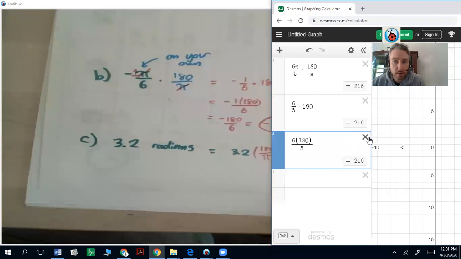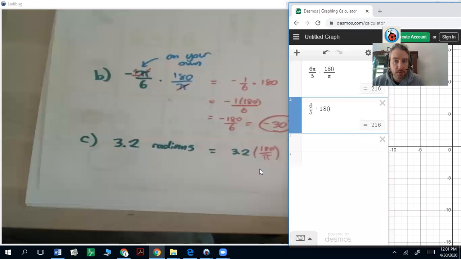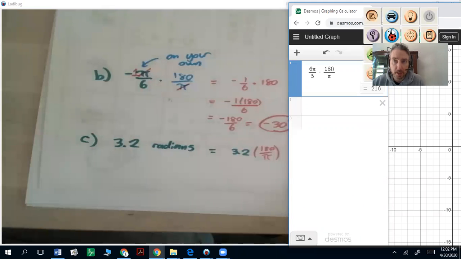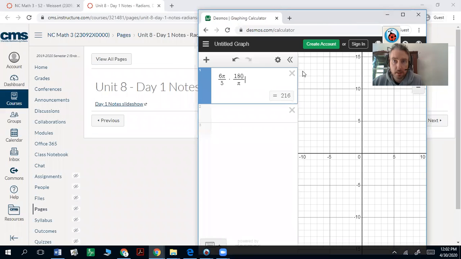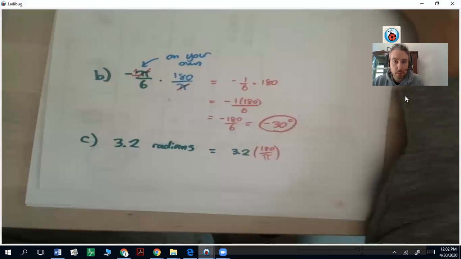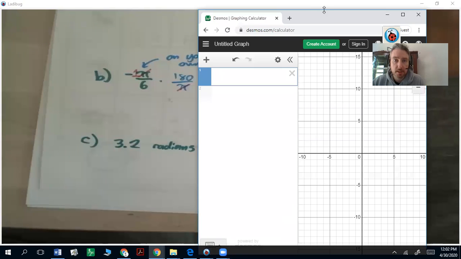So if I did that, if y'all want to put that in Desmos, see what you get, 3.2 times 180 over pi. Oops. Too many tabs, guys, too many tabs.